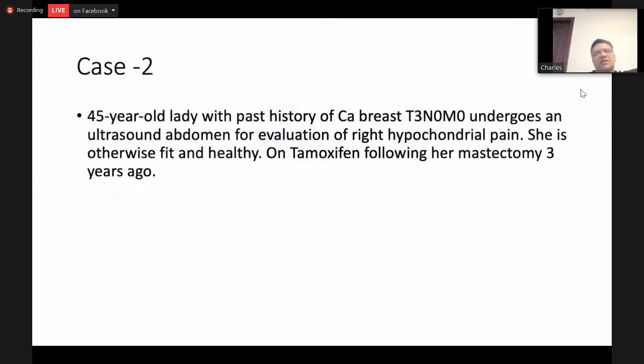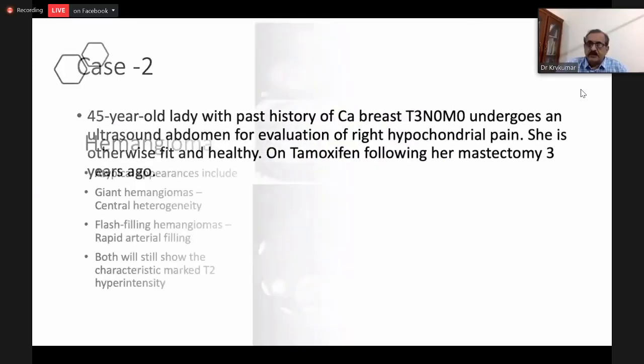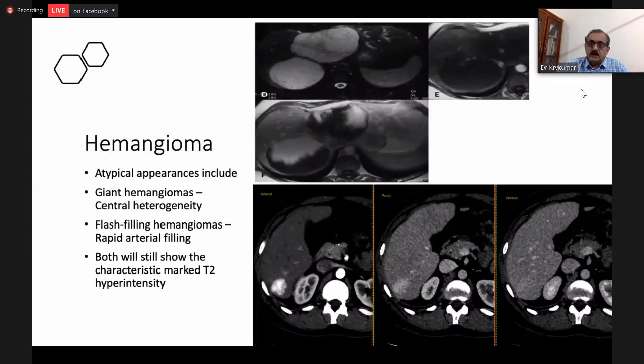So coming to the second case. Well, to wind up this case, the students may note that the learning point is that the commonest space occupying focal lesion in the liver is the hemangioma. Mostly the hemangiomas are small, and rarely you can find a large hemangioma. Usually in about 2/3 of patients, the ultrasound imaging will be typical, and you may not require higher imaging.